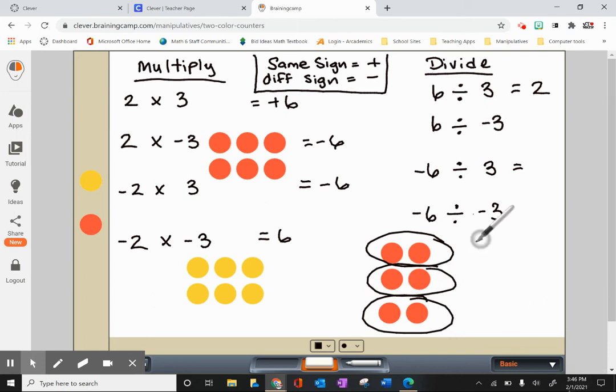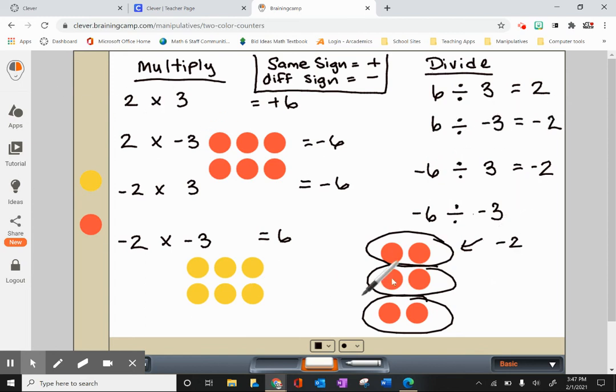What is in each group? There are -2 in each group. Oh, this one would go here. And that actually is the same for 6 divided by -3, that this negative sign, it doesn't really matter which number the negative sign goes on, the answer is still negative. That one of the numbers is negative, so your answer is negative.